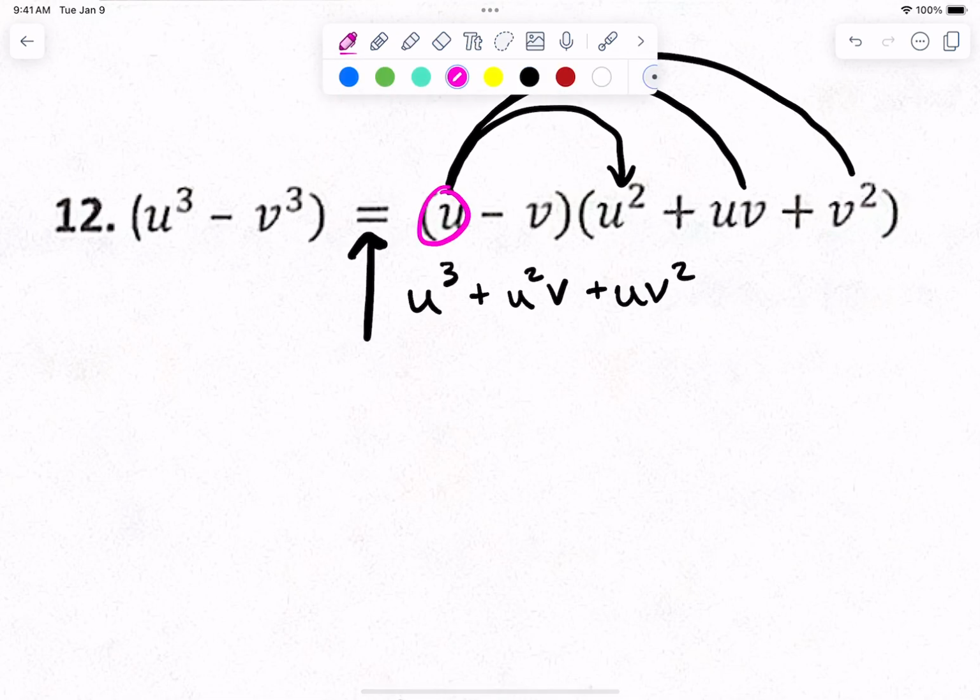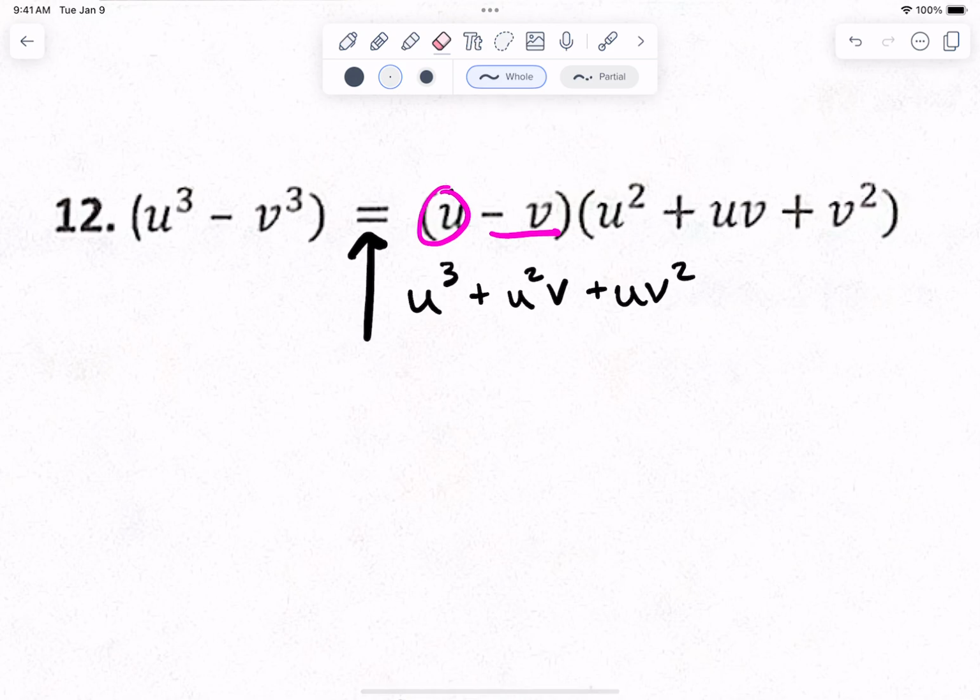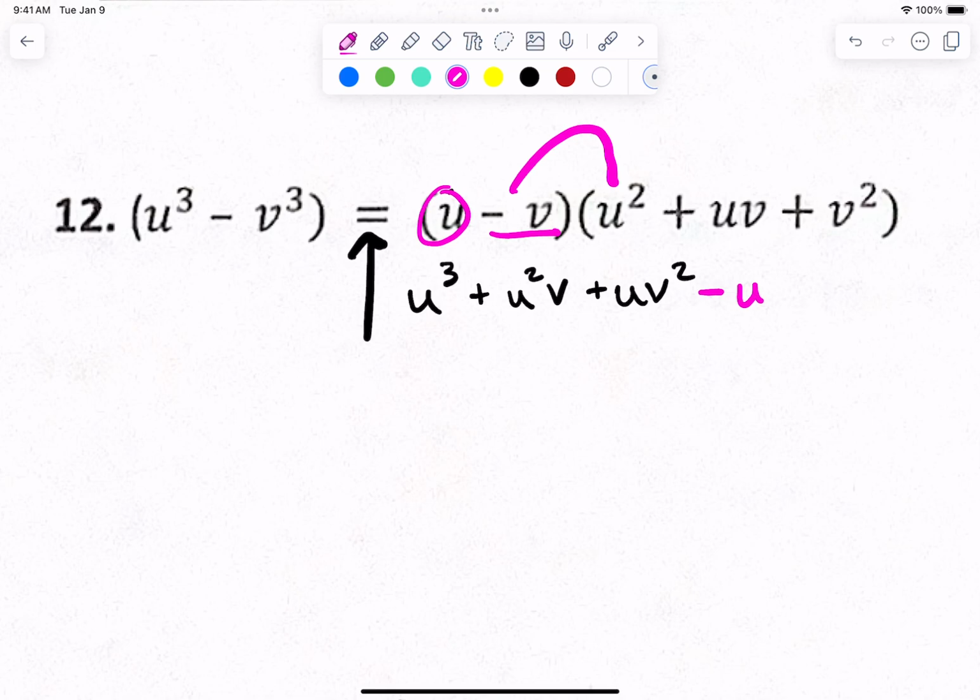And now I start over with v, but make sure you put the negative with the v. So I take negative v times u squared, which is negative u squared v.